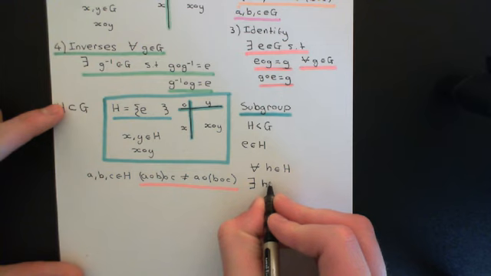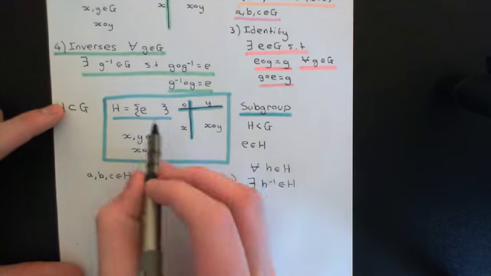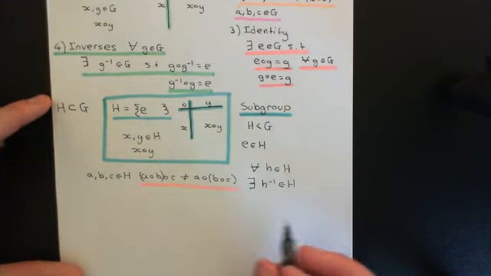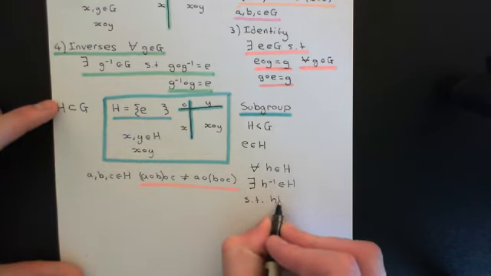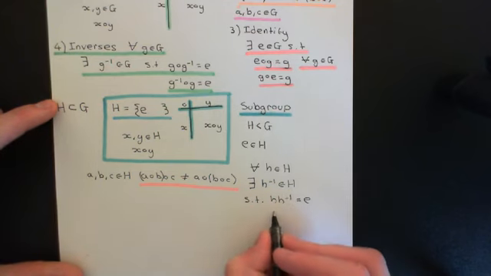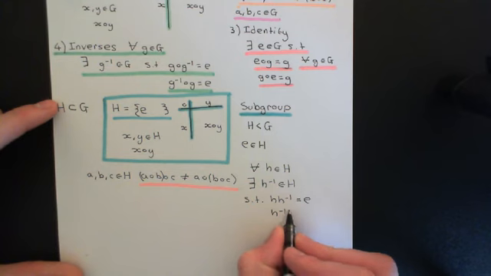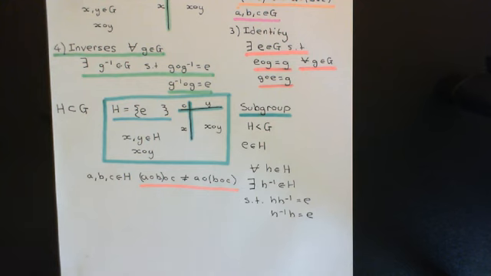There must exist another element which we'll call H inverse, which is also in big H, such that when we compose them together, either way round, it gives us the identity back again. So H composed with H inverse is the identity, and H inverse composed with H is also the identity. And I've just dropped the composition symbol there and just written them next to each other to demonstrate composition.